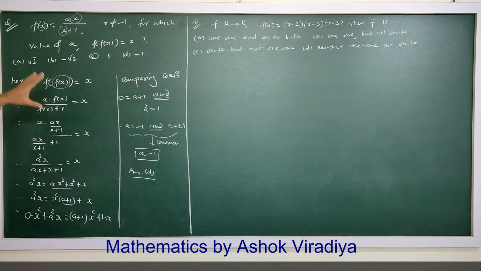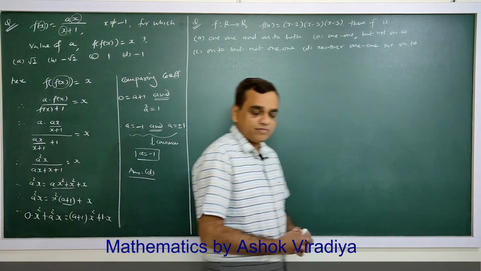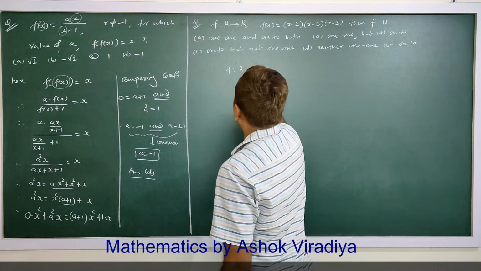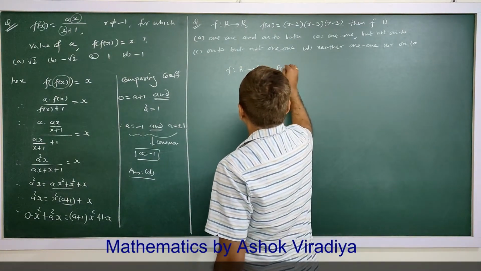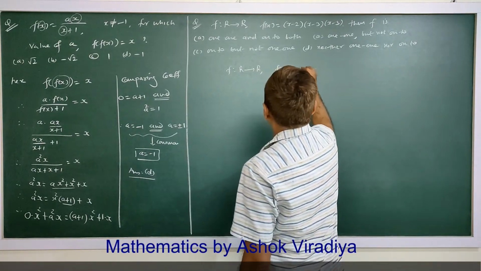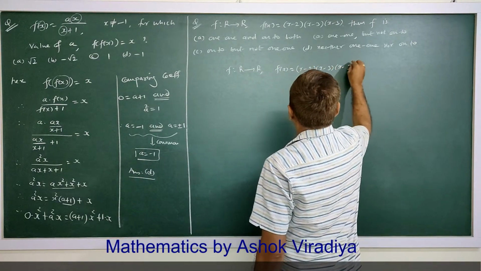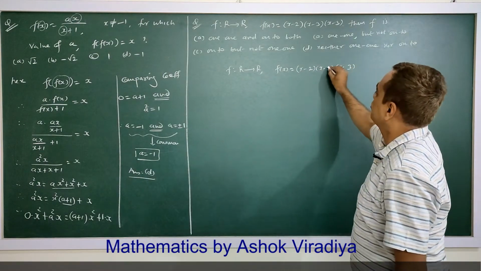So it was an MCQ on composite function. Now here, this is f from R to R, f(x) equal to (x minus 2)(x minus 3)(x minus 2) into (x minus 3).